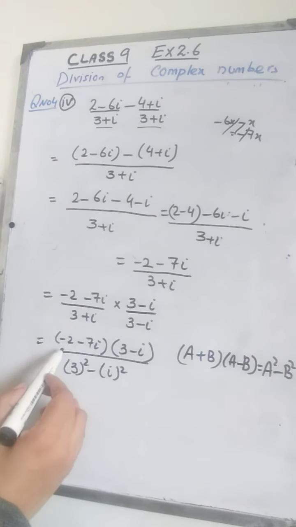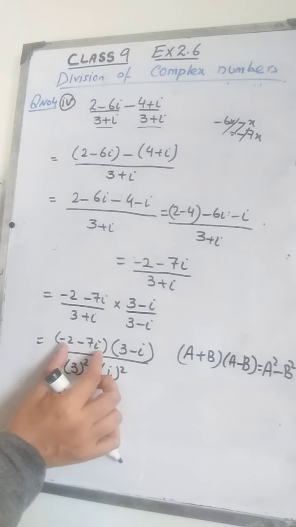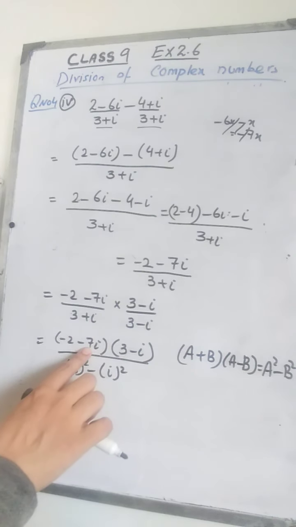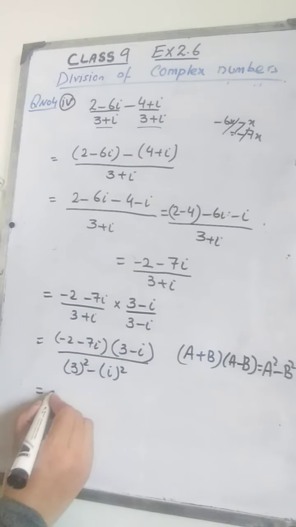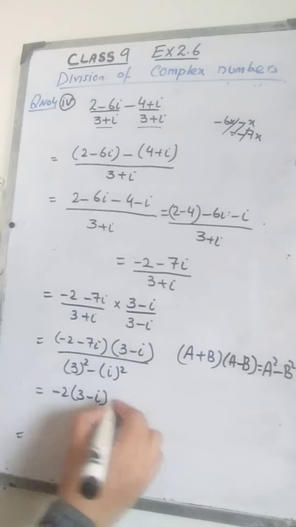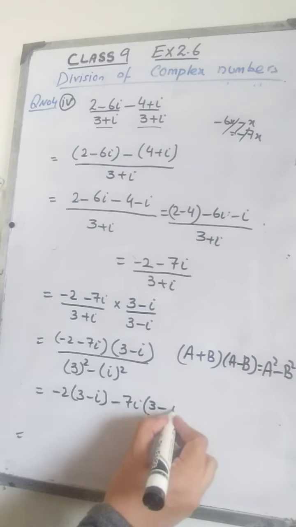Okay, in the next step, we are going to multiply these two complex numbers as we did before. The technique is the same. Pick the first number, multiply it with this bracket, then pick the second number, multiply it with the same bracket. Negative 2 into 3 minus iota, minus 7 iota into 3 minus iota.